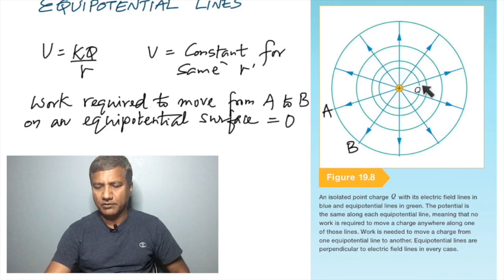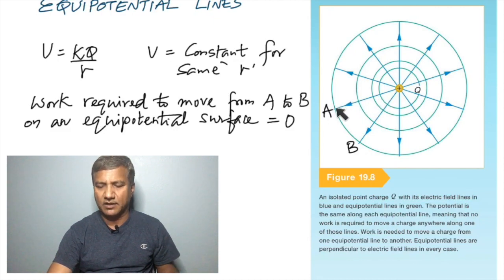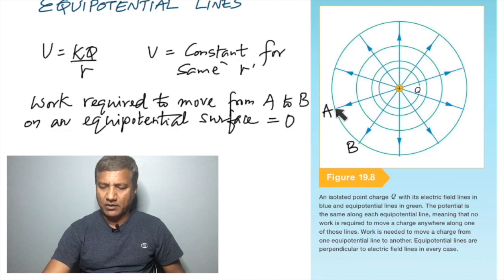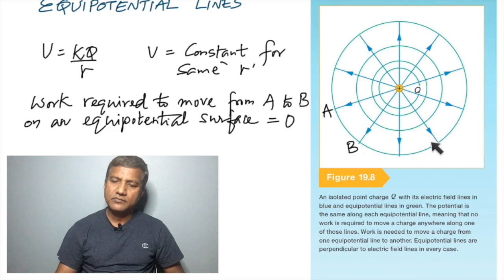That means in the sphere, although you see it as a circle, it's 3D and it's a sphere, at all of these points the voltage is going to be the same. Same thing here, the voltage at all of these points is going to be the same, but the voltage on these two spheres are not equal, because as you go outward, the voltage decreases as R increases. But all of these spheres are equipotential surfaces.